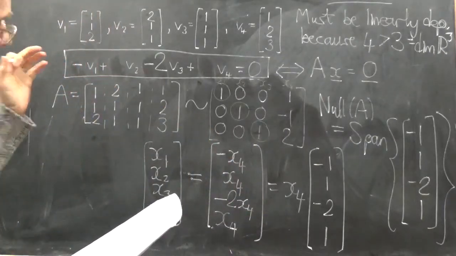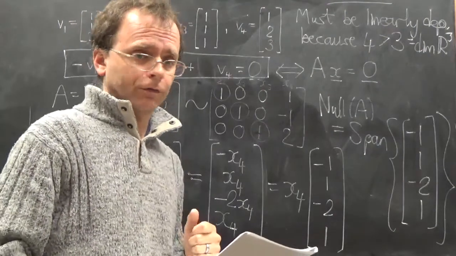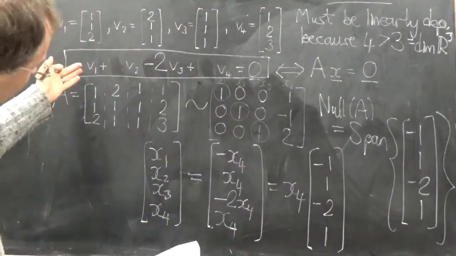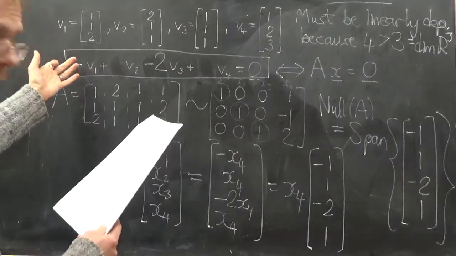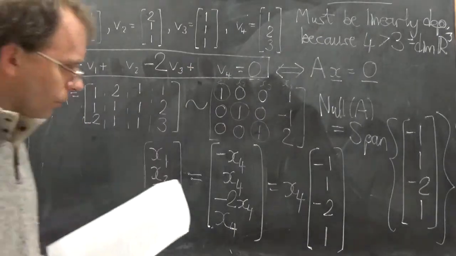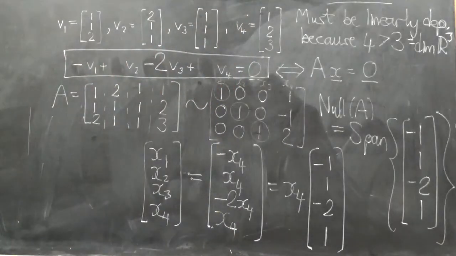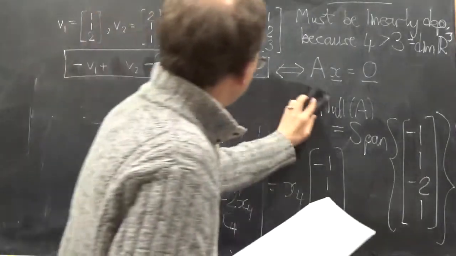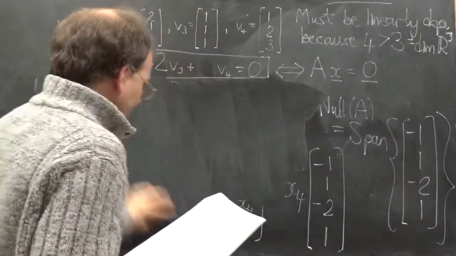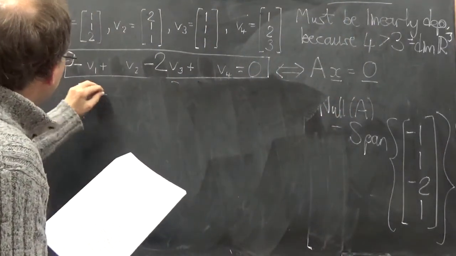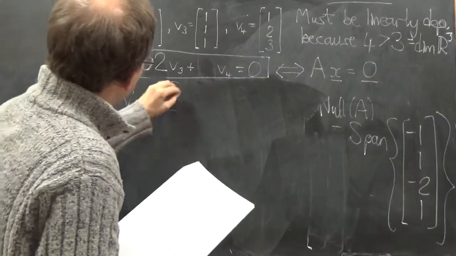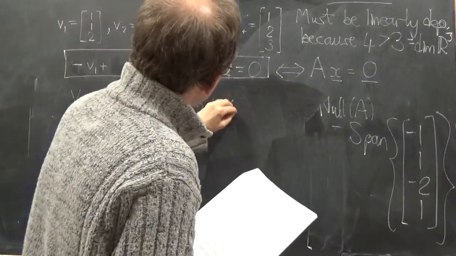So let's express v1 as a linear combination of the others. Well, we've got this linear dependence relation. How do you rearrange that to express v1 as a linear combination of the others? Well, of course, you just do it like this. v1 equals v2 minus 2v3 plus v4.